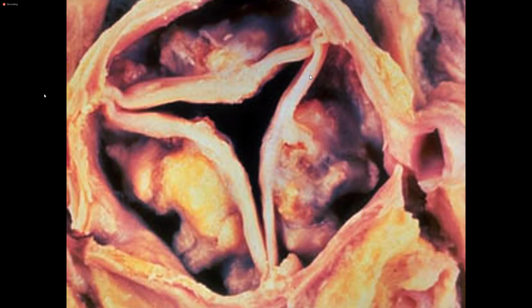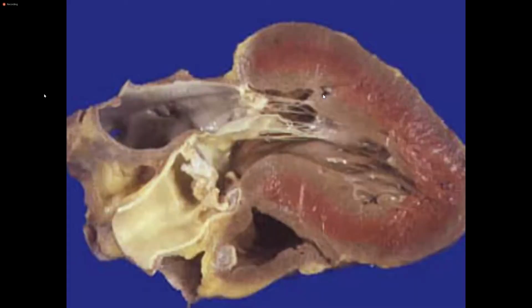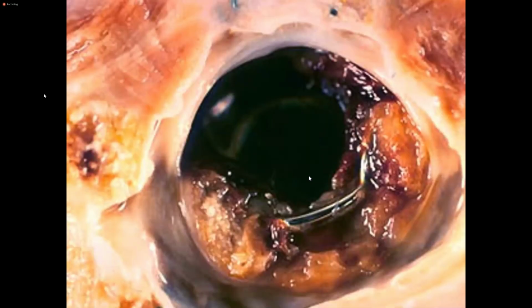But when I show you the same aortic valve in cases of rheumatic heart disease, you will see the fusion of the commissures in that image because of the inflammatory process. So these patients will end up needing surgery to correct the stenosis.